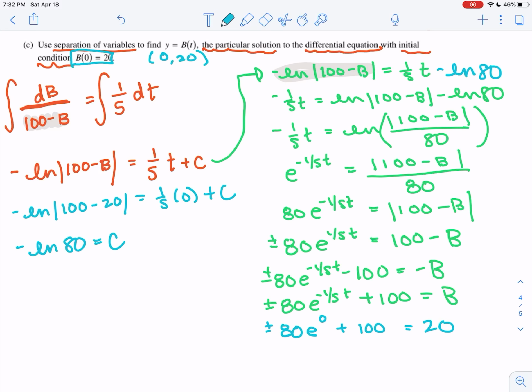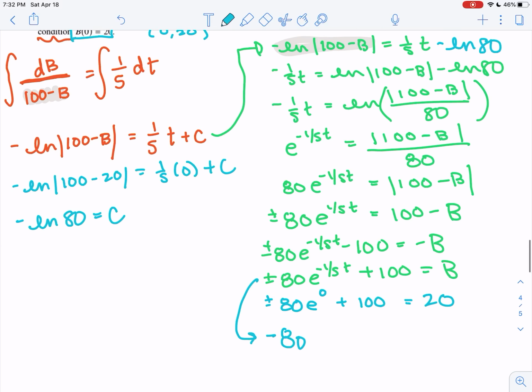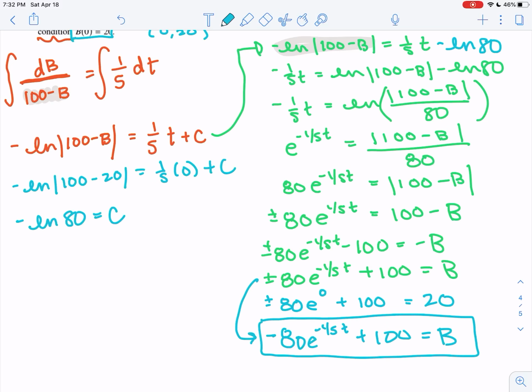So final answer, negative 80e to the negative 1/5 t plus 100 equals b.